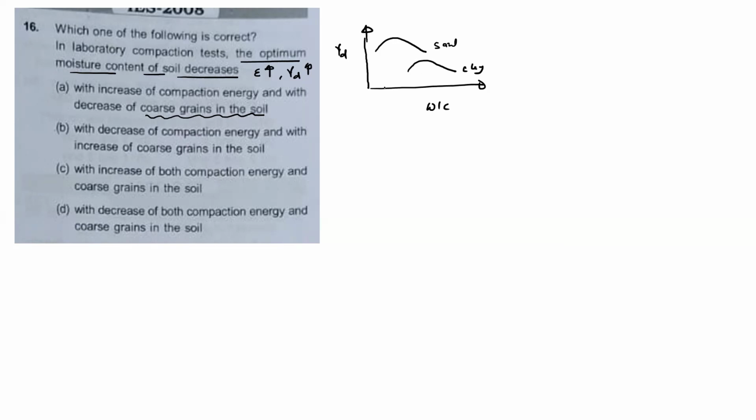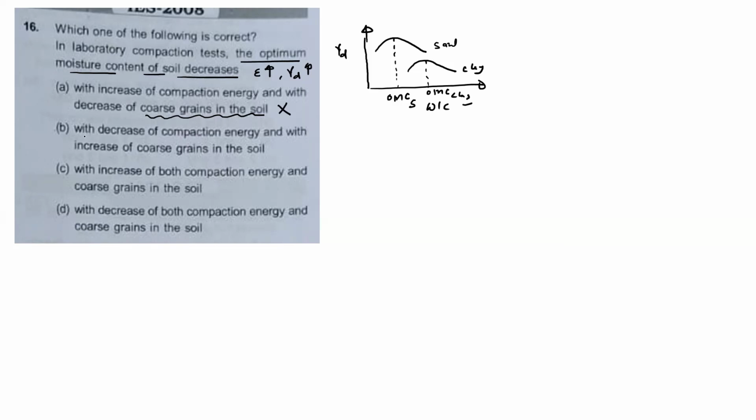So if coarse grain soil increases, then OMC will decrease. This is OMC in case of sand, and this is OMC in case of clay. So if coarse grain soil increases, the OMC will decrease. No, increase of coarse grain soil. If there is increase in coarse grain soil, then optimum moisture content will decrease. So this statement is wrong.